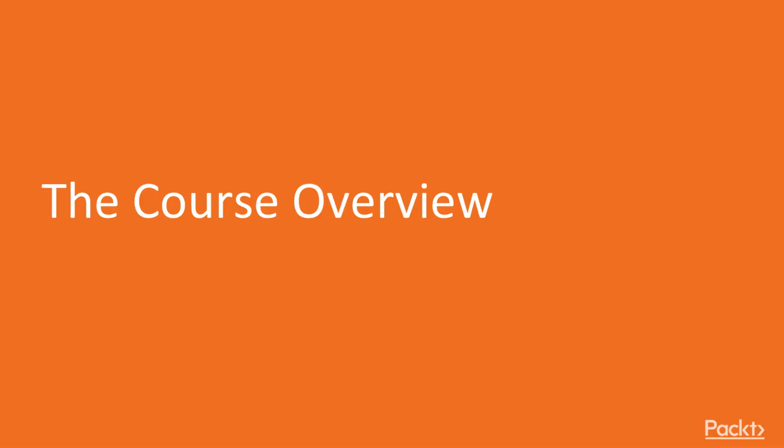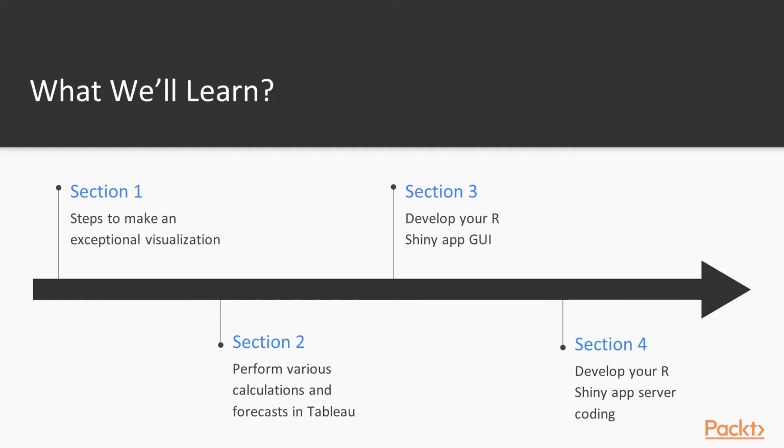Let me give you a brief overview of the course. We begin by explaining how one can make optimized and quick loading visualizations. We show you how to select your data wisely and ensure that the data you use for your visualization is limited and only essential, and you're not loading something extra.